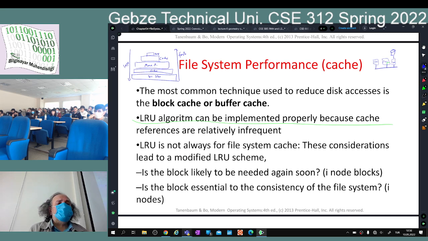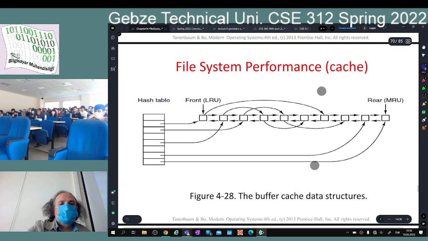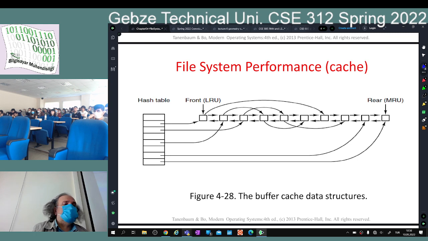So every time I make a reference to a disk block, in my hash table for the disk blocks, I can update the corresponding entry, and I can know which disk block is least recently used and the most recently used, because I keep changing their positions.